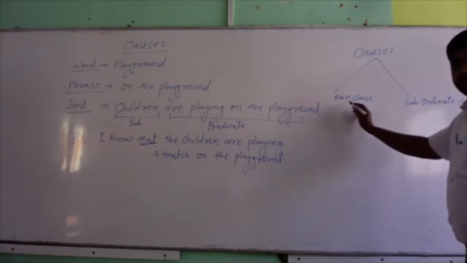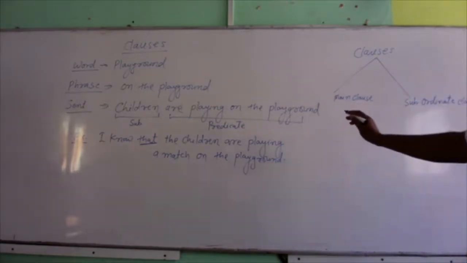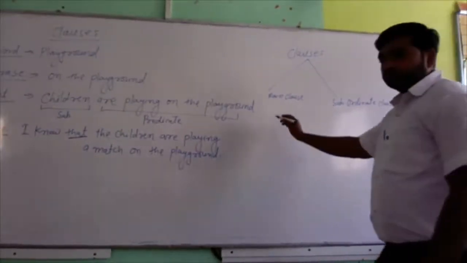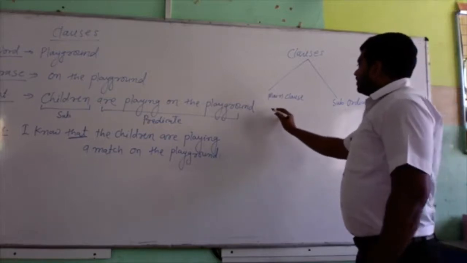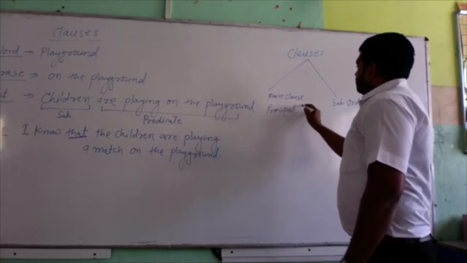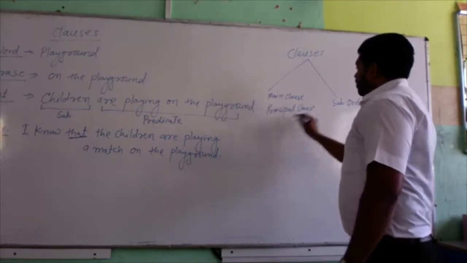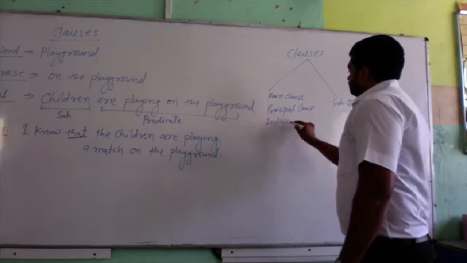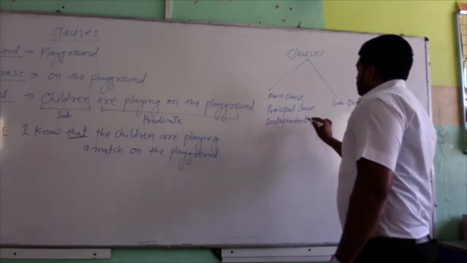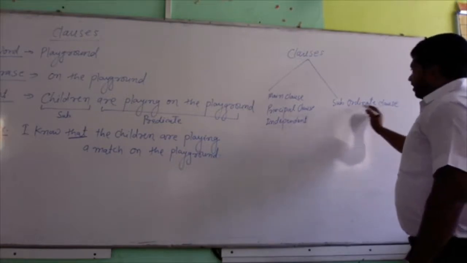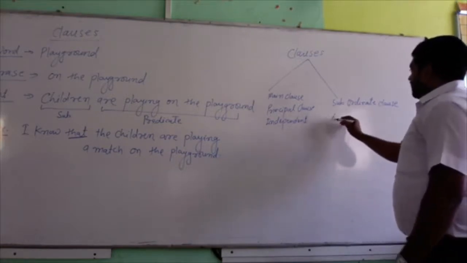This main clause can be called the principal clause or independent clause, and the subordinate clause is the dependent clause.